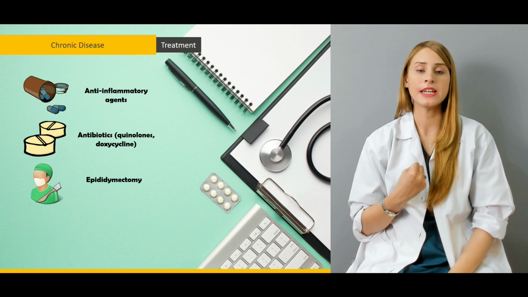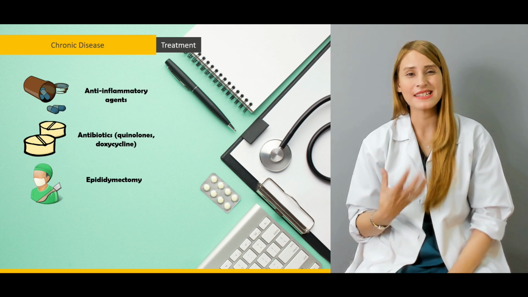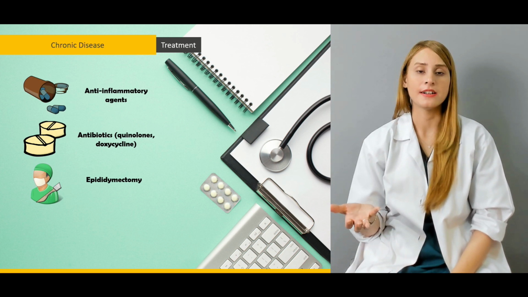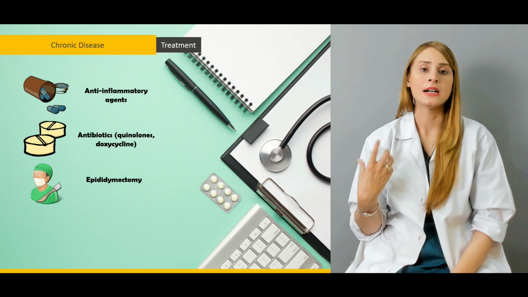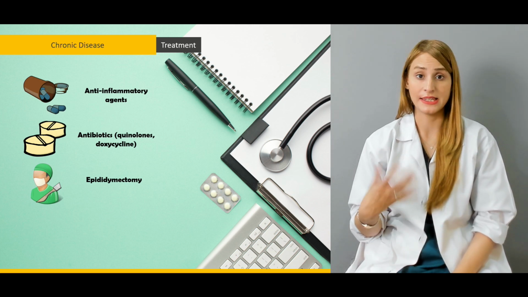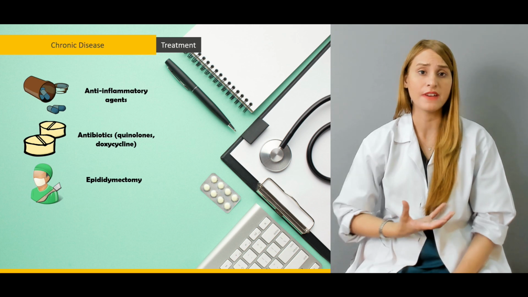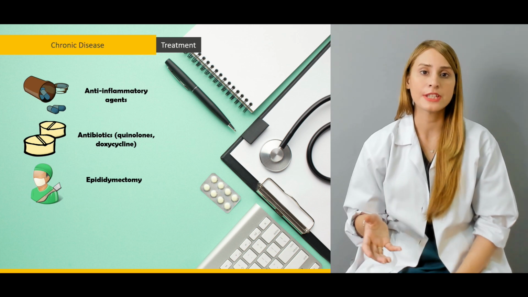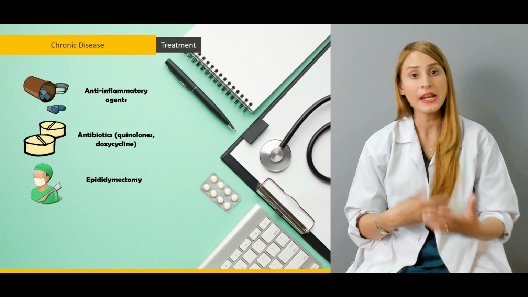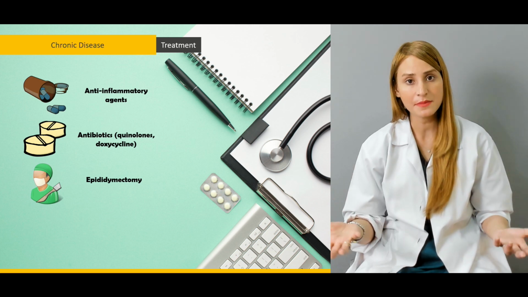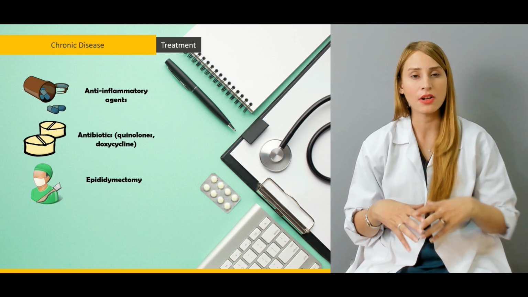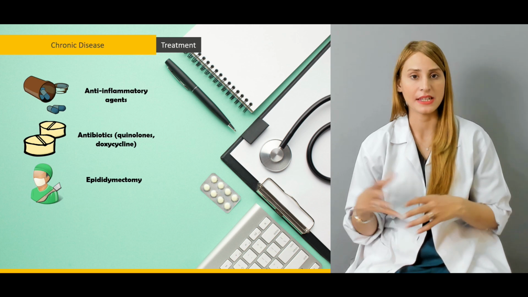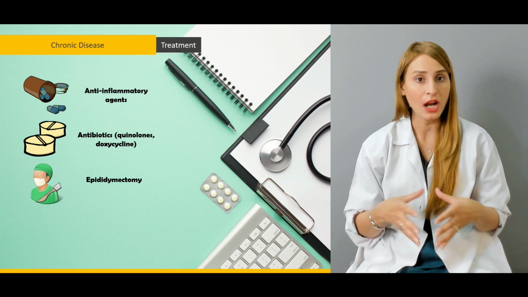And in case of chronic disease that has led to testicular atrophy, where there is not much viable tissue left, then you go for epididymectomy or orchidectomy. Sometimes it can be epididymectomy alone, if it's only involving the epididymis and the testes are viable.